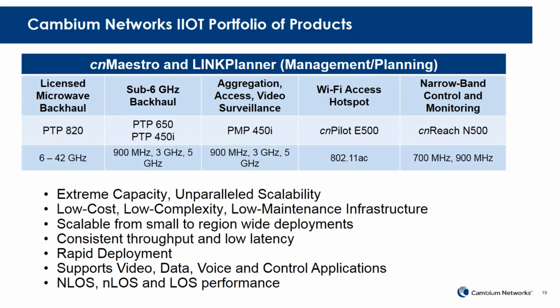We have our access layer, which is a PMP450i product right there in the middle. This is typically used for video surveillance. So if I'm going to put a bunch of video cameras in an area, or aggregating a bunch of data into that common hub. Wi-Fi access, I mentioned Wi-Fi access before. This becomes important as an overlay to IIoT and the ability to provide Wi-Fi to the field technicians that are working on these systems.